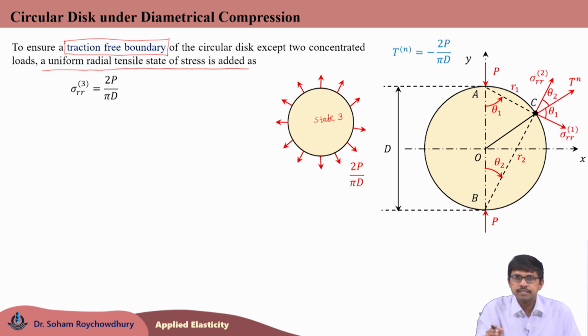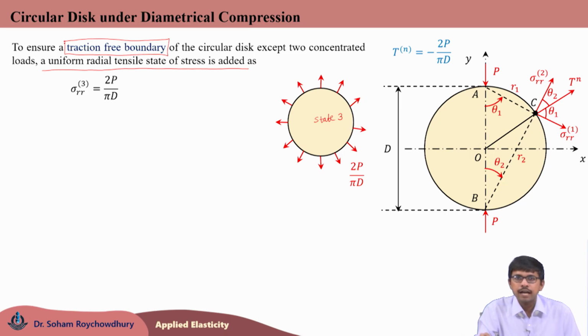So, two Flamant solutions had captured the effect of the compressive loads applied at points A and B, but additionally gave this Tn, which is compressive, acting along the entire boundary of the circular disc of diameter d.